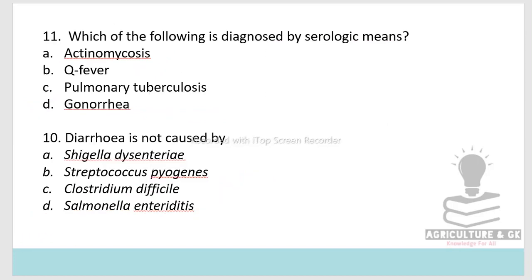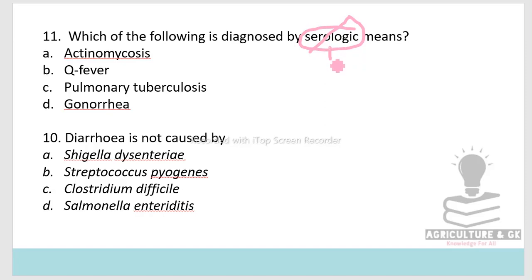Now moving next. Which of the following is diagnosed by serologic means? Actinomycosis, Q fever, pulmonary tuberculosis, gonorrhea. So serologic means, it means testing the blood serum, testing for the presence of a disease causing bacteria in our blood using the serum. So that is serologic means.